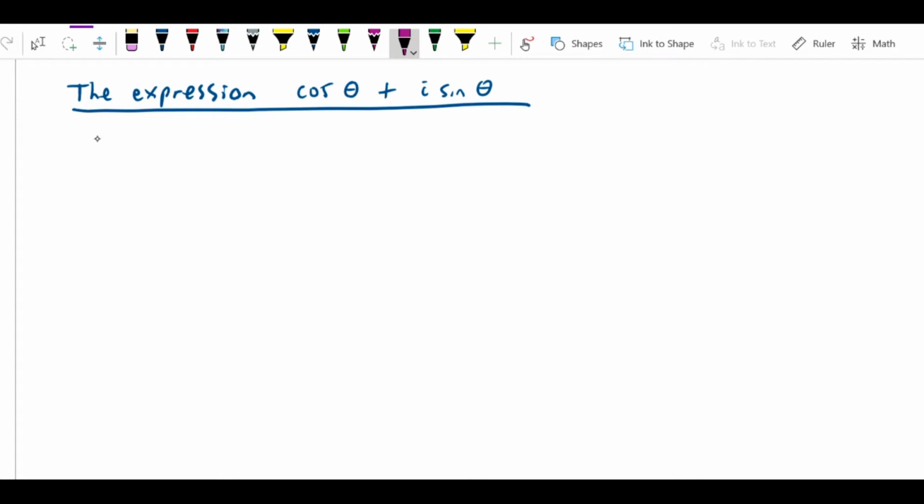What I mean by that is we know that i itself, or i to the 1, is equal to i. i squared we know is equal to negative 1. i cubed is equal to i squared times i. Well, since i squared is negative 1, that's just going to equal negative i.